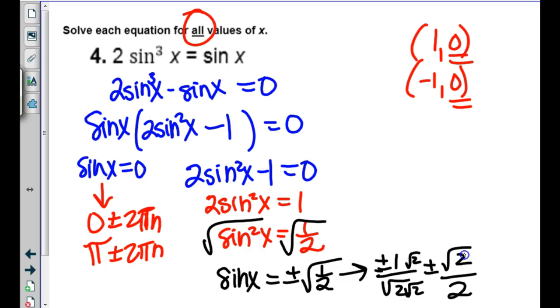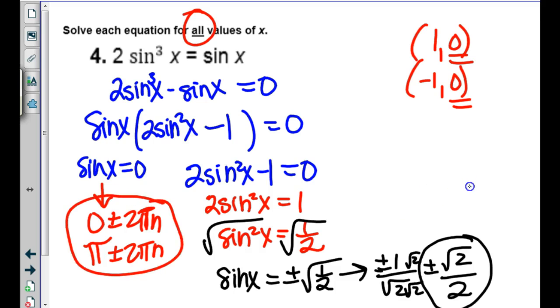So the square root of 1/2 is really the square root of 2 over 2. If you can kind of remember that, it'll save you some work later. But okay, so where is that happening that the sine is equal? This is not the answer, remember. Our answer is what x can be here or here. So tell me where the sine could be square root of 2 over 2.